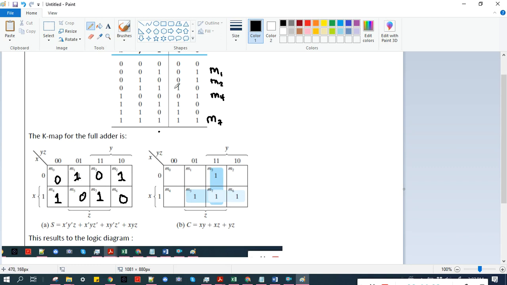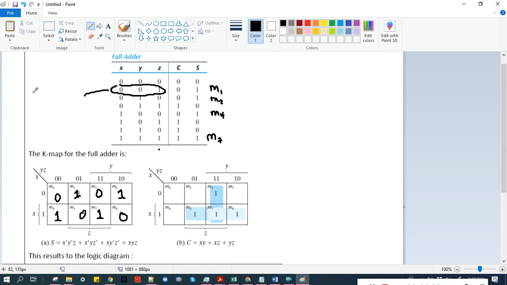We know that min term 1 corresponds to x, y, z equal to 0, 0, 1. So for x, y, z, we need to add a complement to those with 0. So x prime, y prime, z.